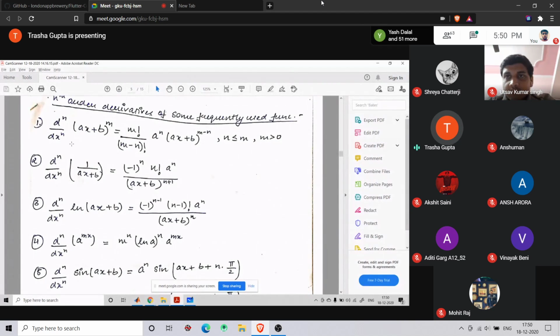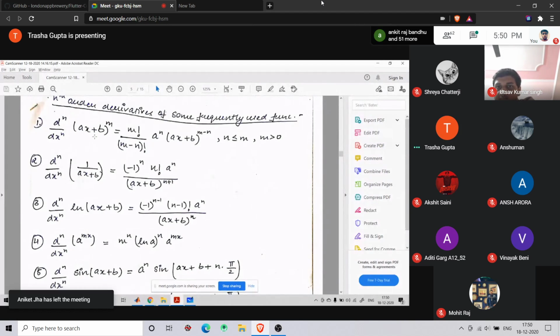Okay. So you can take a screenshot of this screen so that you have handy some of the nth order derivatives of frequently used functions. For example, this is the nth order derivative of ax plus b raised to power m. It is equal to m factorial divided by m minus n factorial into a raised to power n into ax plus b raised to power m minus n, given the condition that n is less than or equal to m.